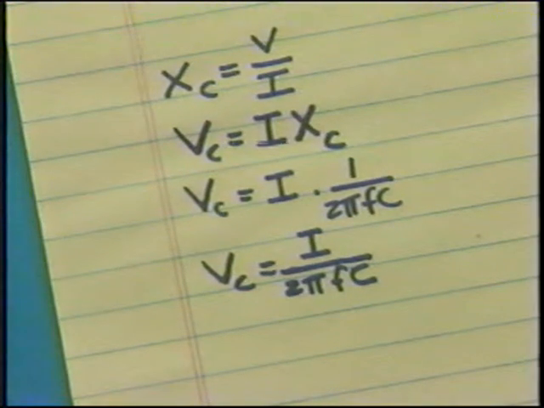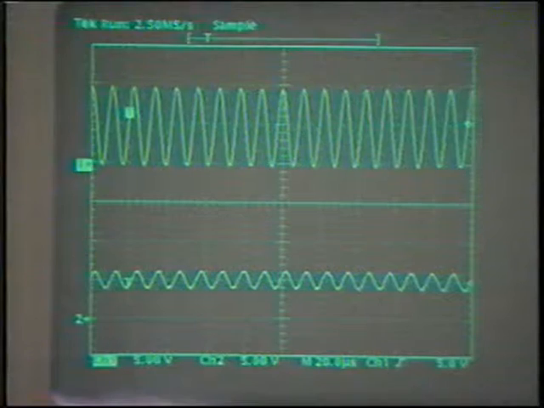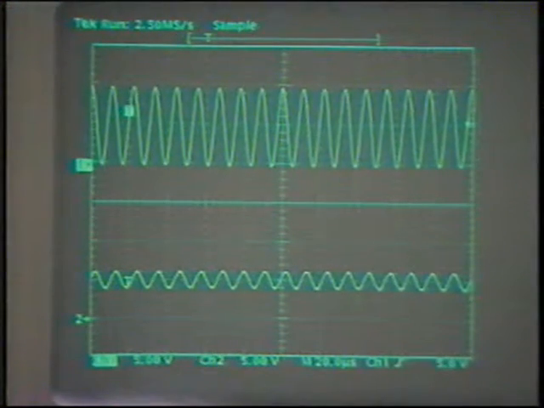They are inversely related. Let's examine this relationship on a dual-trace oscilloscope with the input frequency on the upper trace and the capacitor output on the lower trace. Here, the inverse relationship between voltage and frequency in an RC circuit is demonstrated. When the frequency is high, the voltage across the capacitor is low.